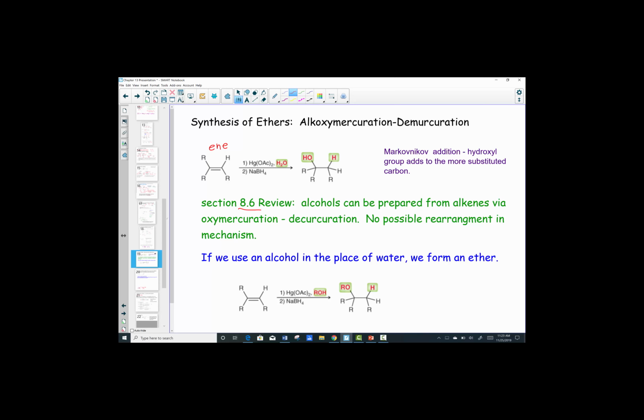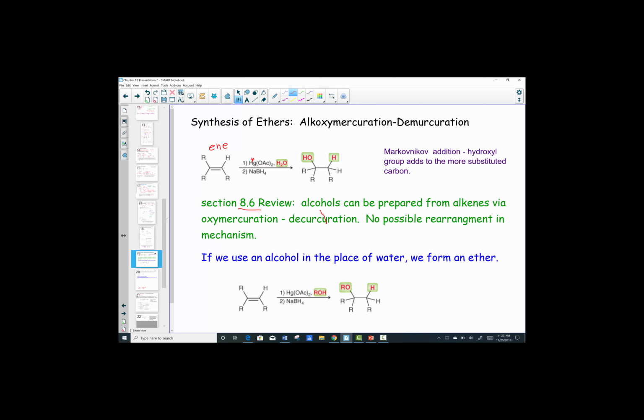Sitting on the arrow, we see that we have a mercury compound. Notice this mercury, and when I see that, I know that it is not a carbocation intermediate, that the mercury is serving as a placeholder, so no positive intermediate forms, therefore no possible rearrangement.